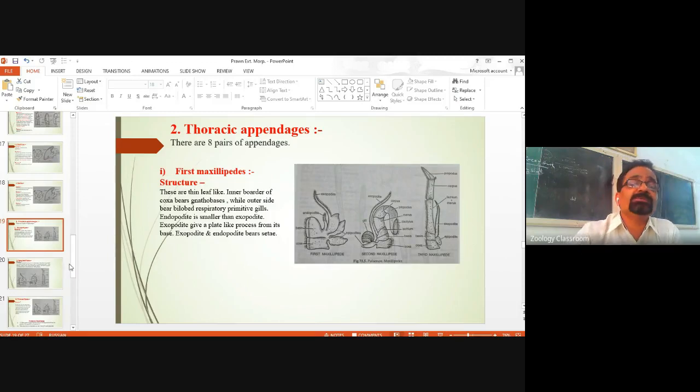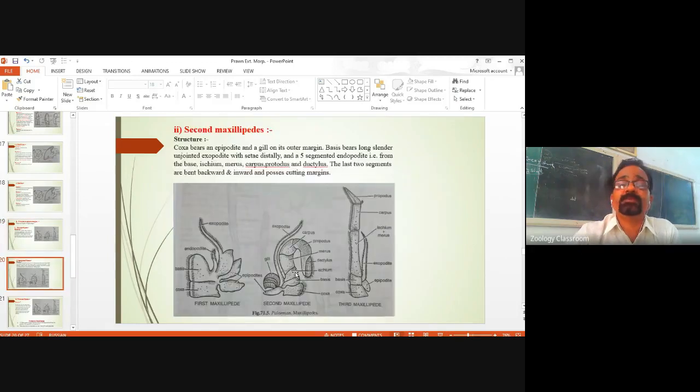Now let's come to the second one. Second structure. Coxa. In each and every segment you will find this coxa, basis, these structures are there, and once you come to the walking legs, how different segments are added to this, what they are called, that we are going to study while studying the walking legs.